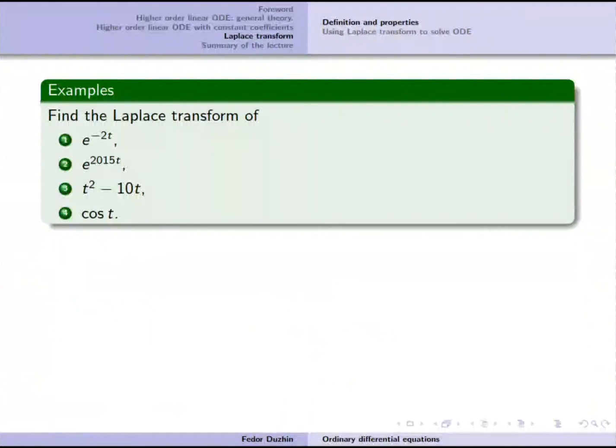So how can we calculate the Laplace transform of, say, e to the minus 2t? And so the Laplace transform of e to the minus 2t, it should be a function of s, right? And it is defined by the following formula: 0 to infinity.